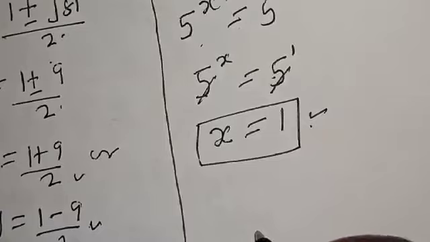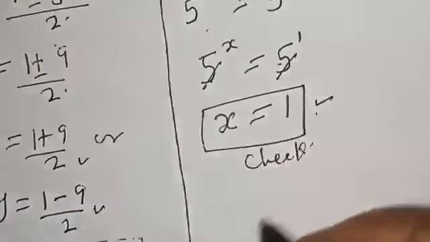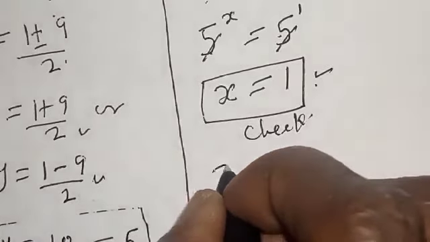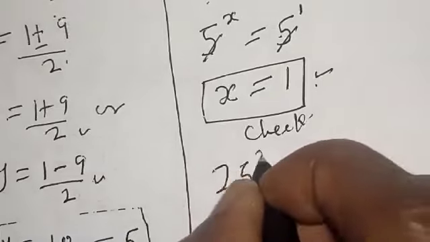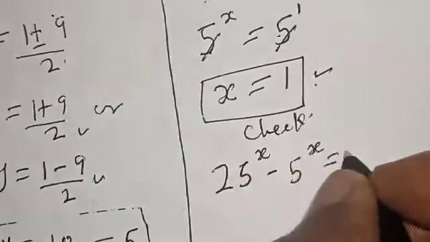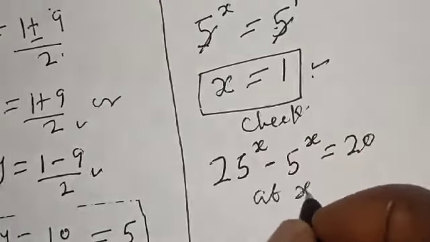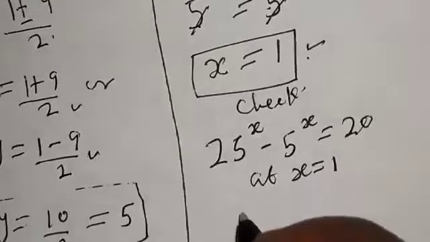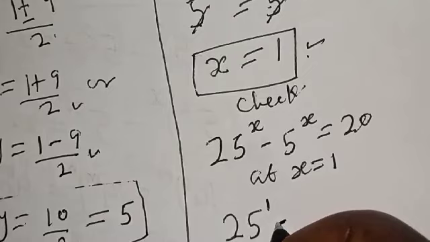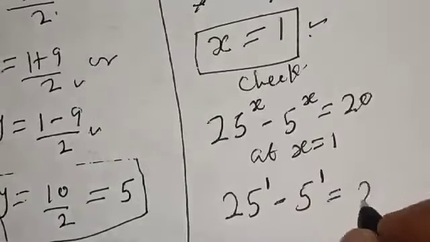We can check to confirm if our answer is right or wrong. Check. We have the given equation, 25 raised to power x minus 5 raised to power x is equal to 20. At x is equal to 1, 25 raised to power 1 minus 5 raised to power 1 must be equal to 20.